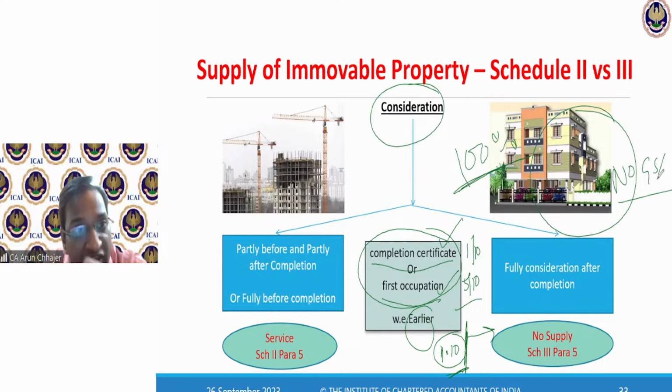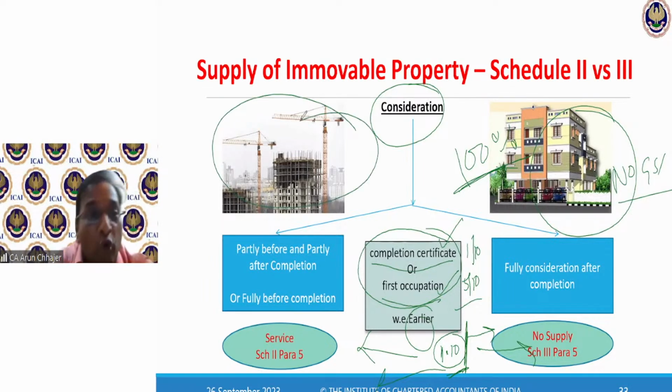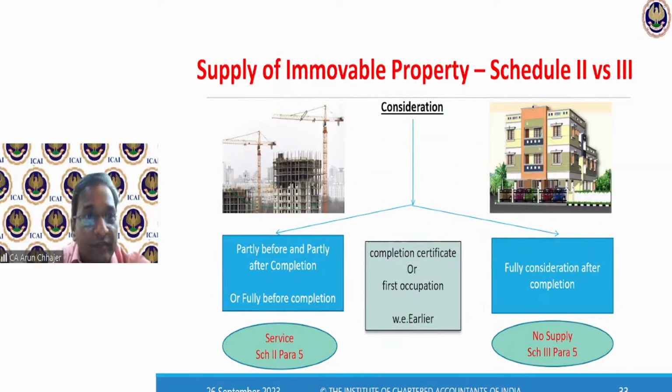But if you give part consideration prior to this date and part after this date, or full consideration prior to this date, it will be treated that I have sold the under construction flat and GST would be chargeable on the entire value of the flat. Sometimes you might get confused.